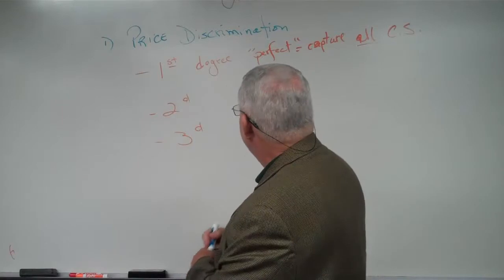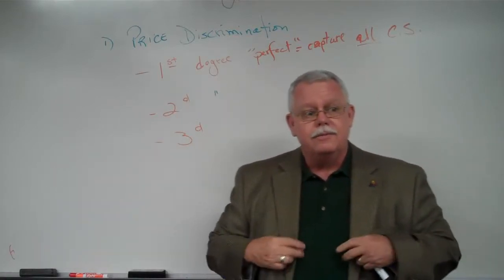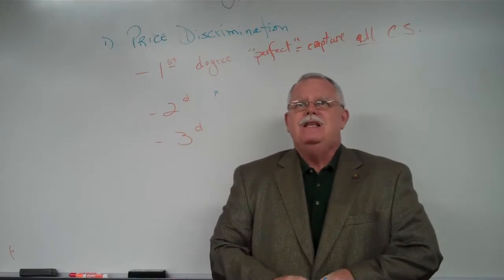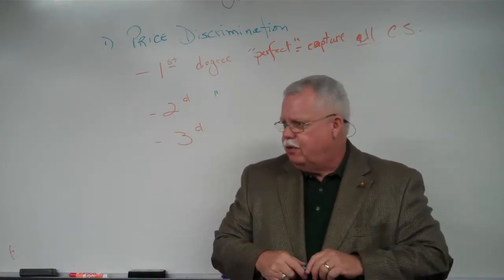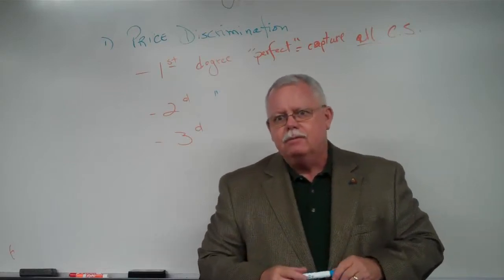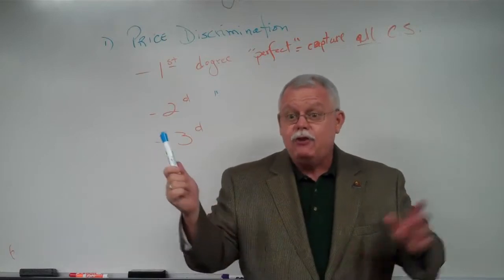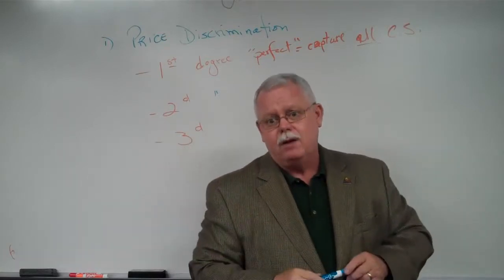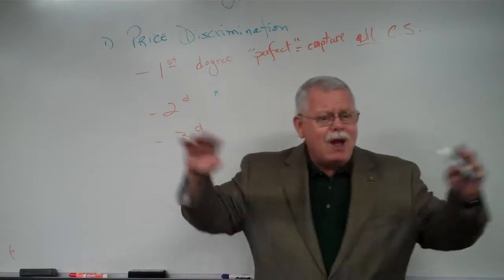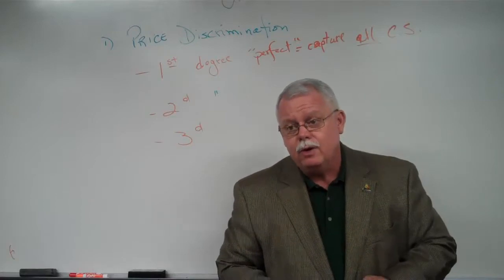Second degree price discrimination. If you'll buy 3 bags of dog food, they're $60 a bag. But if you want to trade up and buy 6 bags of dog food, I can let you have them for $50 a bag. And if you go ahead and buy a round dozen, I can bring it down to $40 a bag. What am I doing?